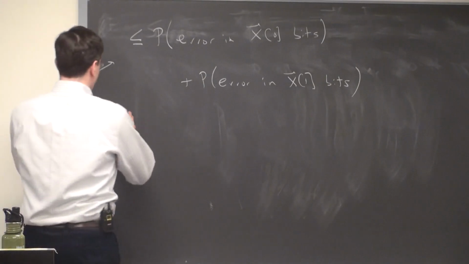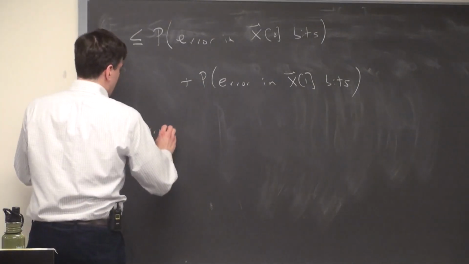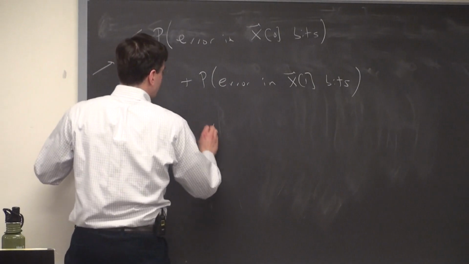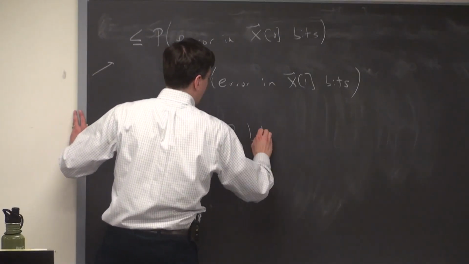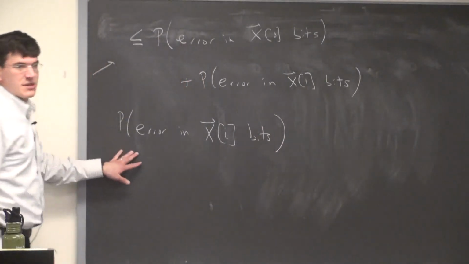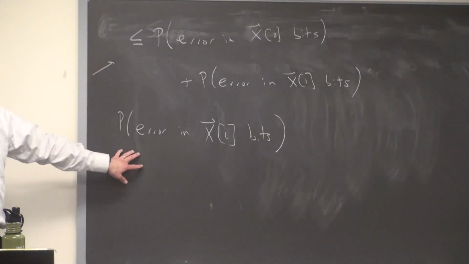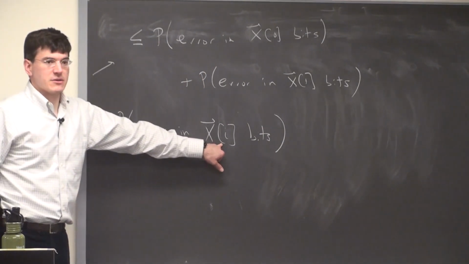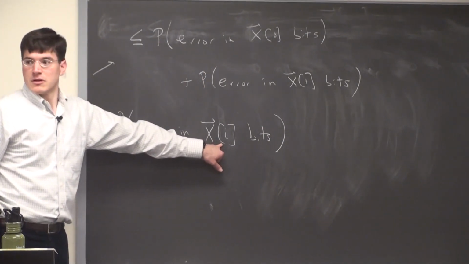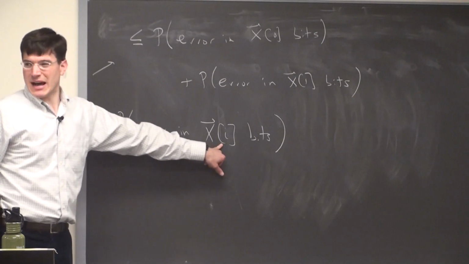The reason for doing that is that we have expressions for these events. This is just the PAM error probability. I'm sending Ki bits over Xi with power Pi.